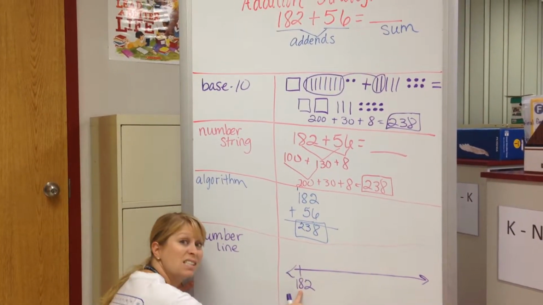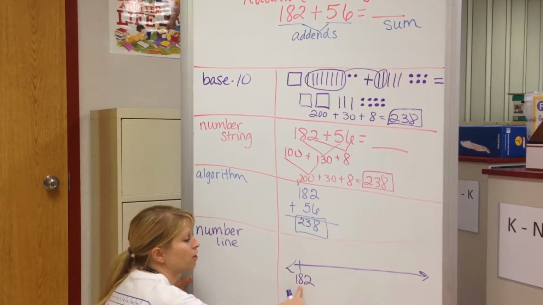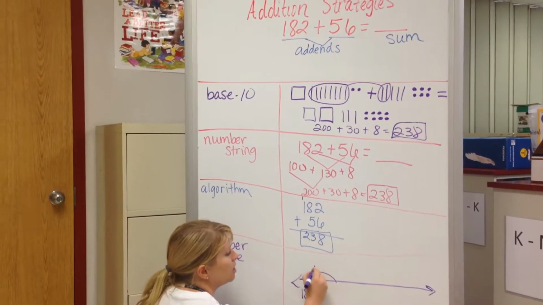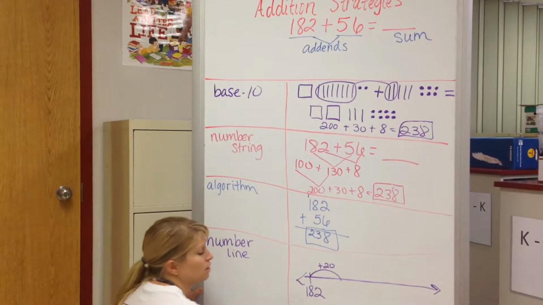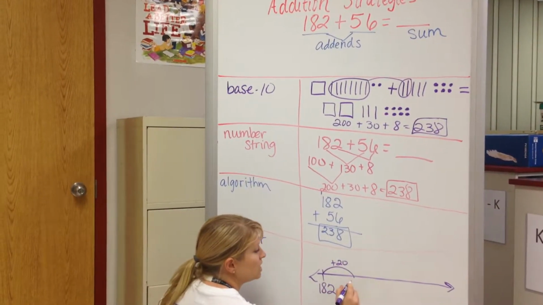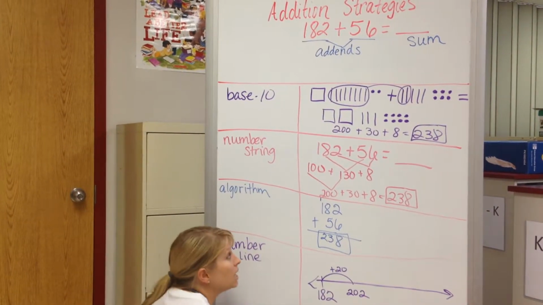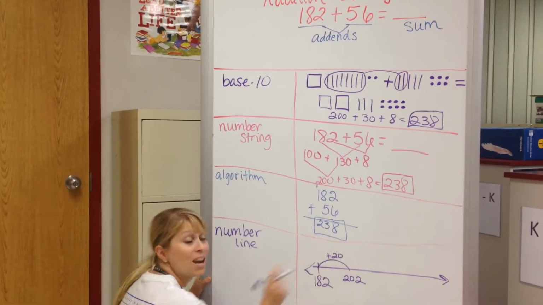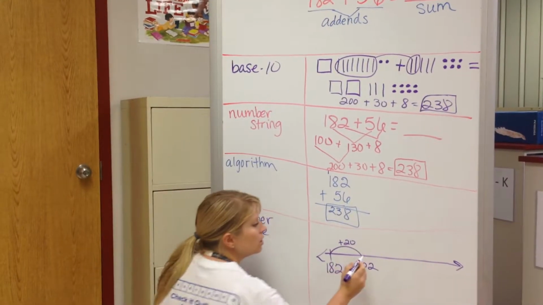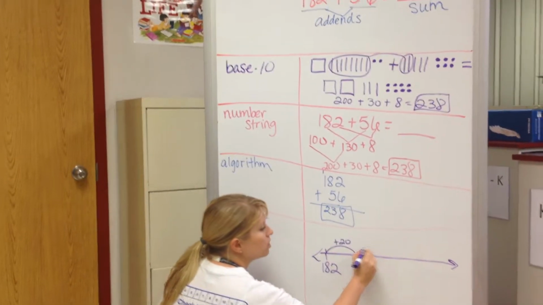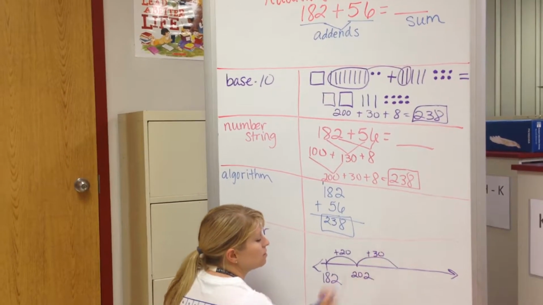I know 8 tens and 2 more tens makes another 100. So I'm going to start by adding 20. So 182 plus 20 is 202. I've added 20 out of my 50 so far. So now I have 30 more to go.